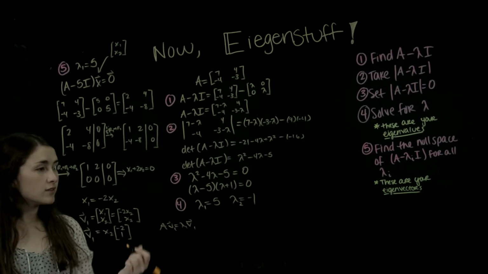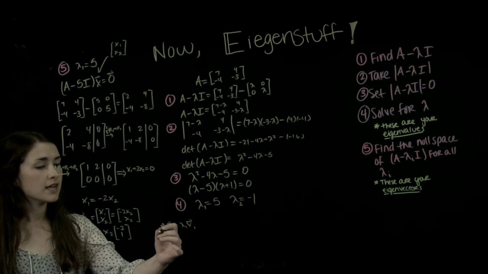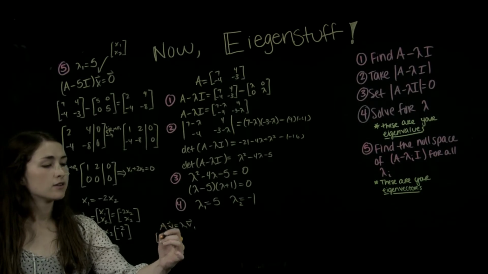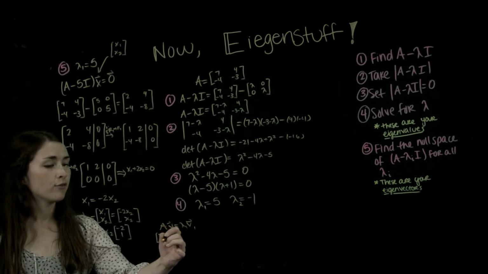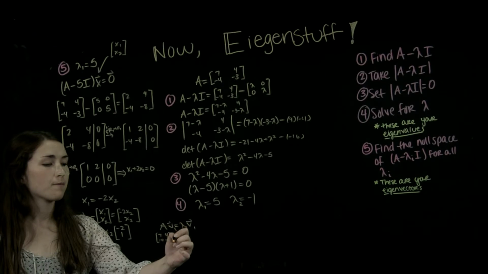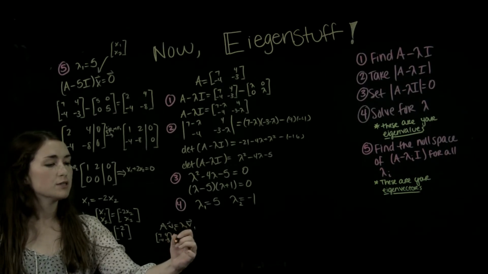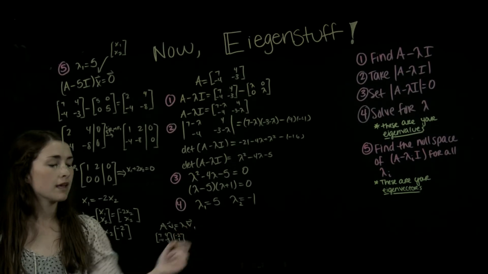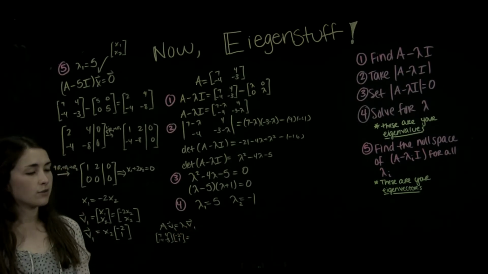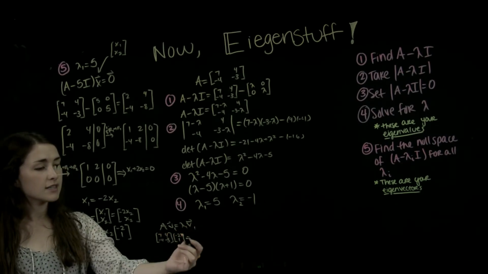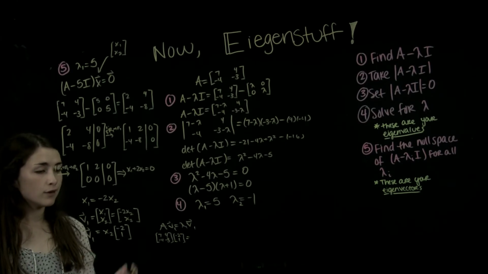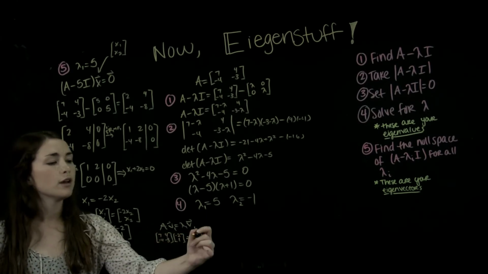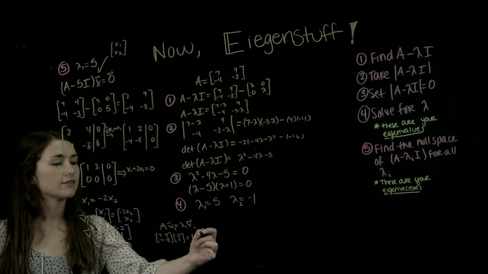So now what we do is we take our A, we have 7, 4, negative 4, negative 3. We're going to multiply that by our eigenvector here, which is negative 2, 1, and we're going to see what this is equal to. So we have 7 times negative 2, which is negative 14, plus 4 times 1, which is going to leave us with a negative 10.